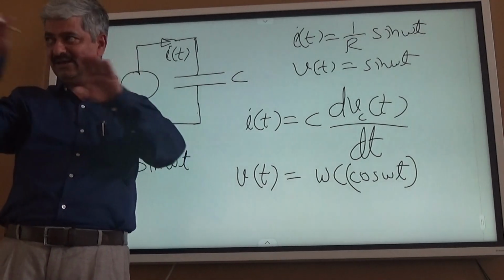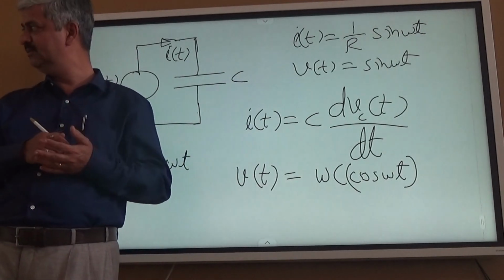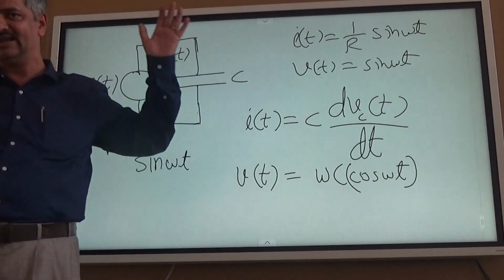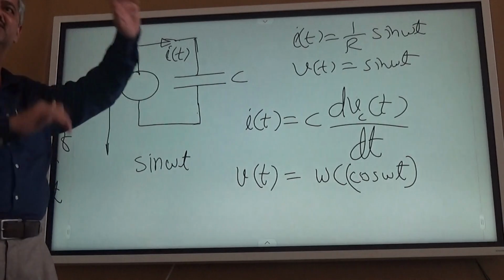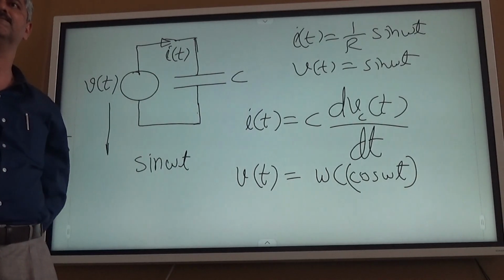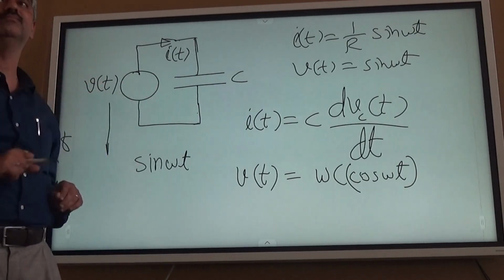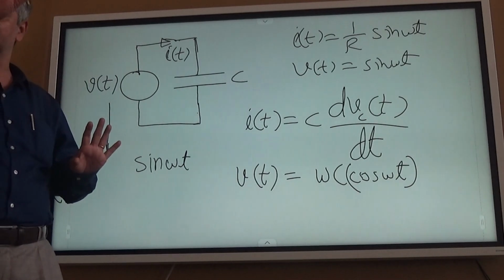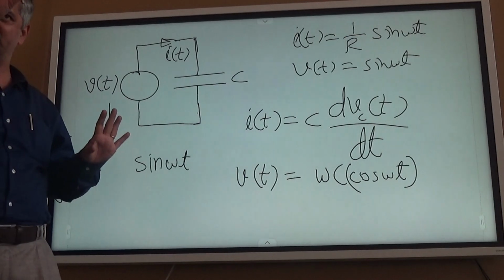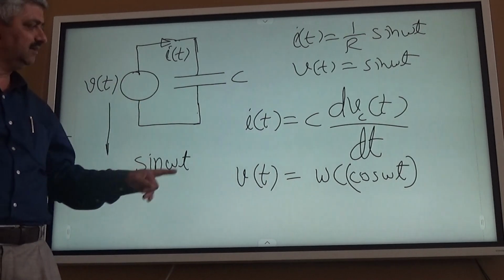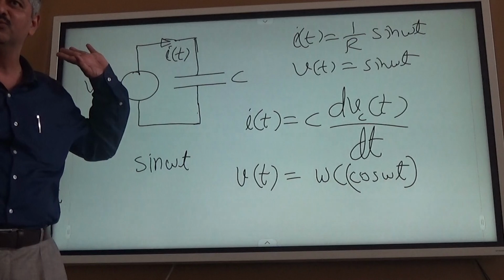You forget what you learned earlier and answer the question afresh. What is Vt by It for this circuit? What is the value? Don't answer based on what you have learned. Right now Vt is in front of you.